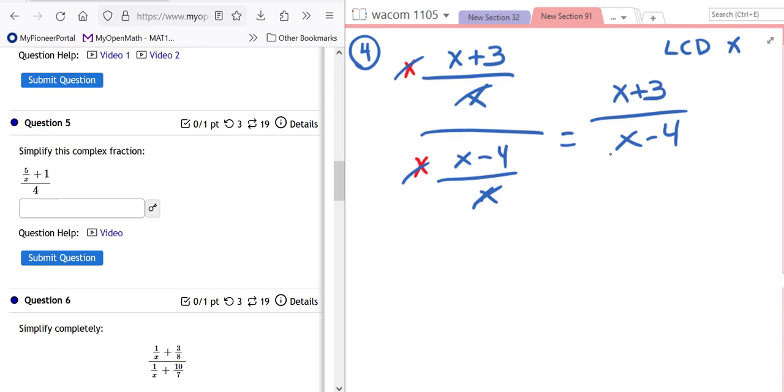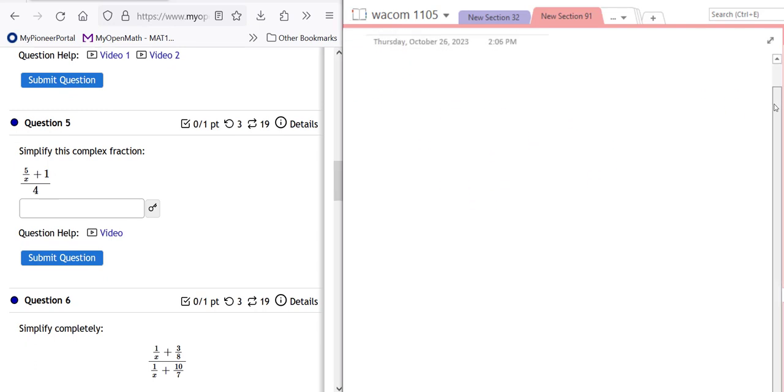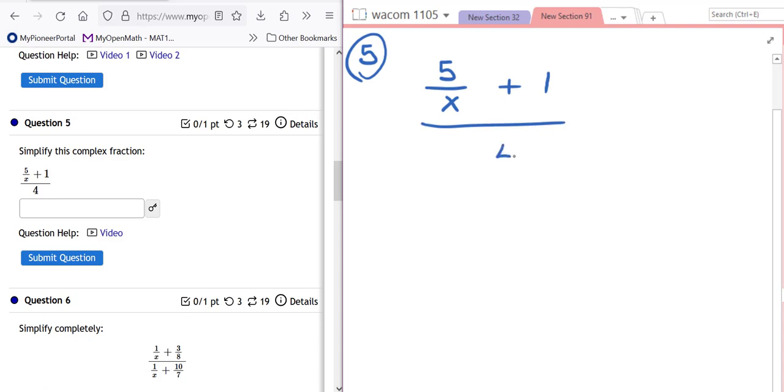All right. Number 5. This is one that is a more common question to see, where this method is really good, and especially number 6 is nice for this technique. So I have 5 over x plus 1 over 4. The only denominator you have in all of this is an x. This is 1 over 1, and you can write those if you're concerned.